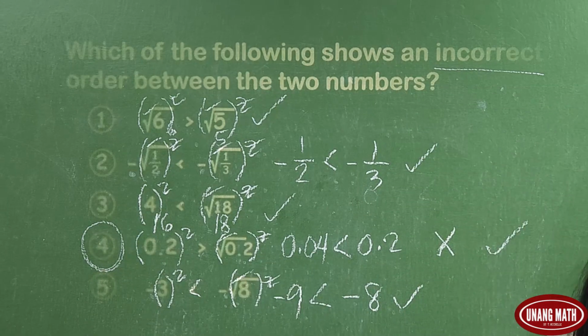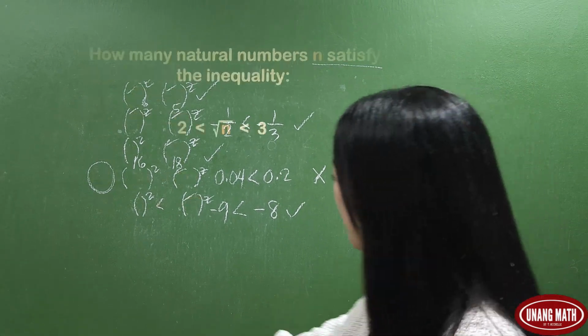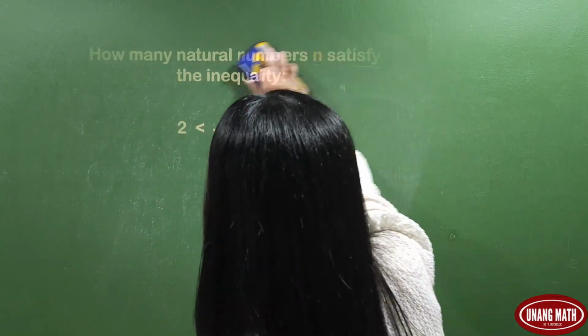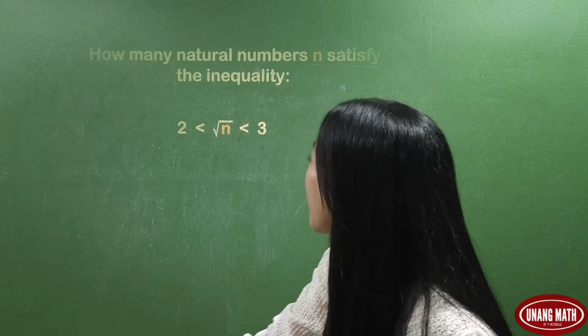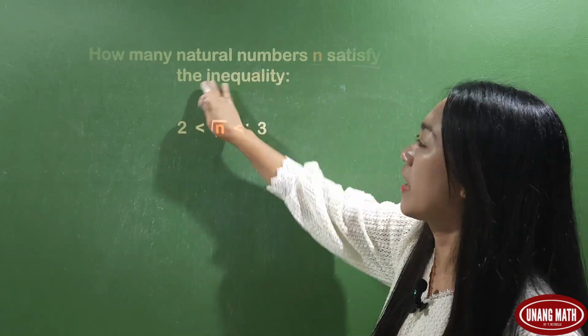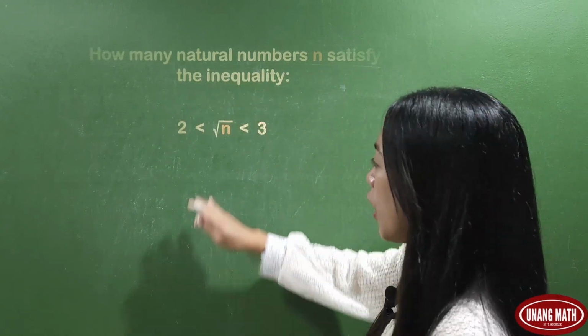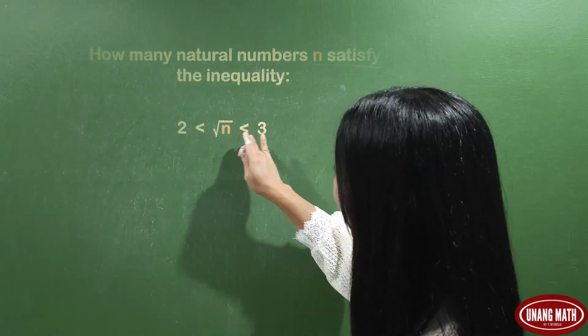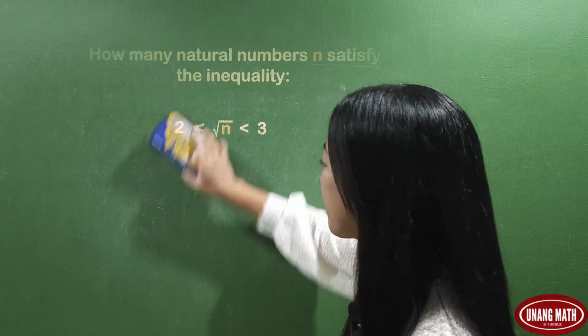number 4. And for our last question or problem, how many natural numbers n satisfy this inequality? We have here square root of n. This is greater than 2 but less than 3.